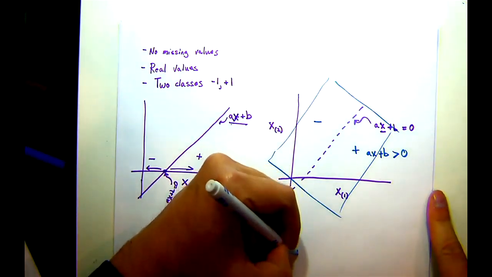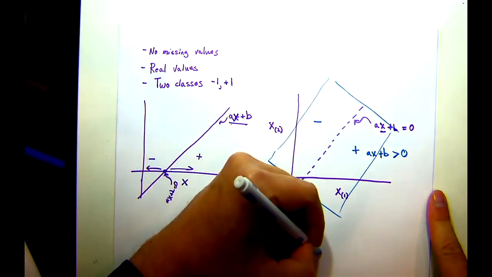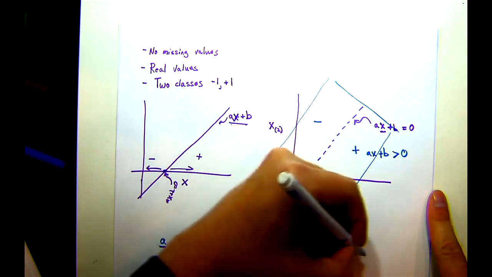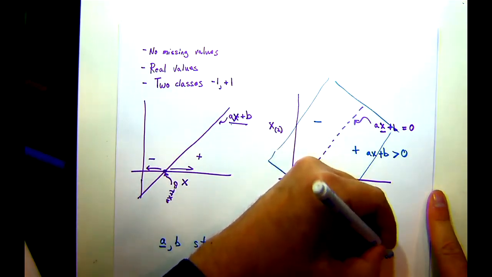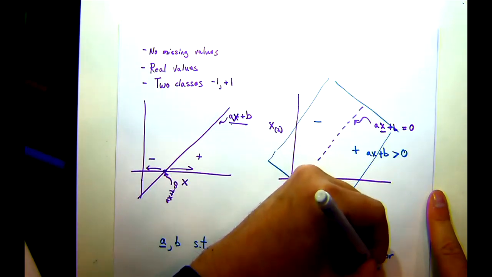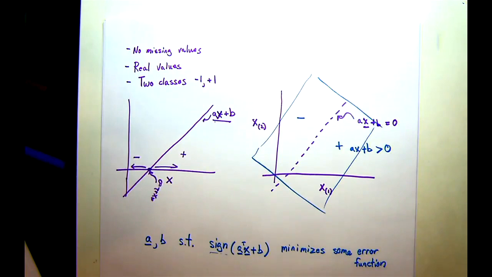And then we're going to minimize some error function. So we're going to choose these a's and b's so that they minimize some function, and we're going to make up that function. Different functions are going to result in different a's and b's.